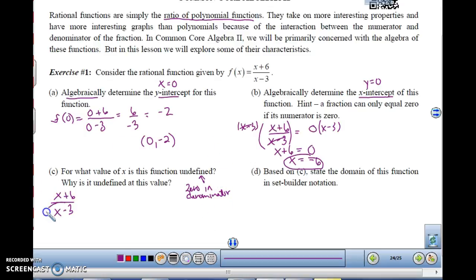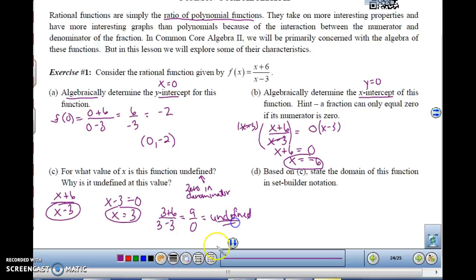Okay, so what we're looking at is just this part of the equation. All right, what value of x, if I plug in there, will make the denominator equal to 0? Well, if x is equal to 3. So if I take my function here, when x is equal to 3, 3 plus 6 over 3 minus 3, 9 over 0 is undefined.